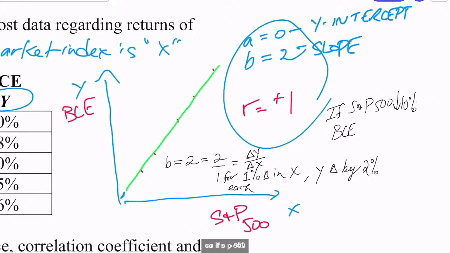If S&P 500 goes down 10%, what happens to BCE?